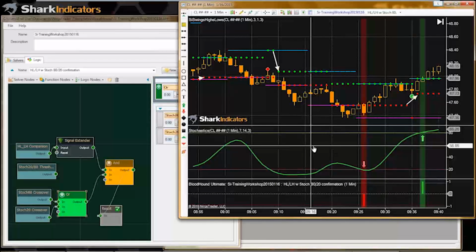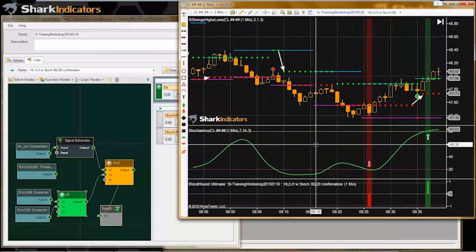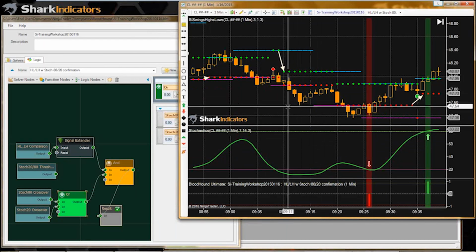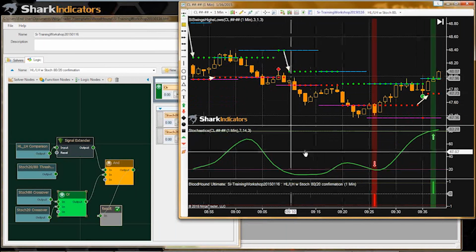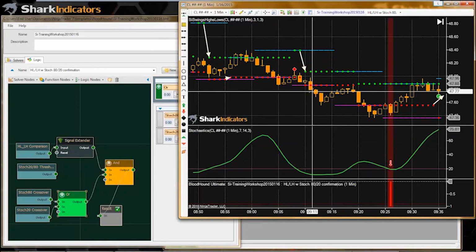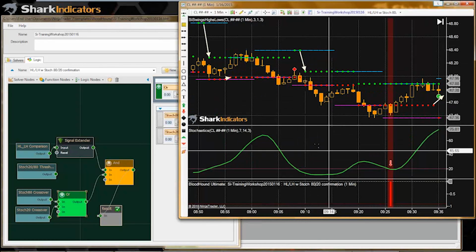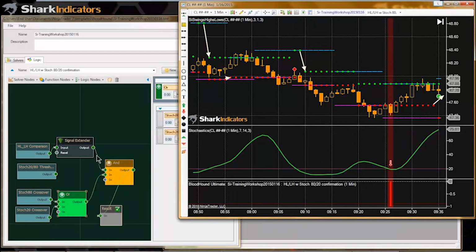So, and let's see what we got. Somehow the signals here disappeared. Right, remember we had a bunch of short signals here. So let's take a look and see what happened.